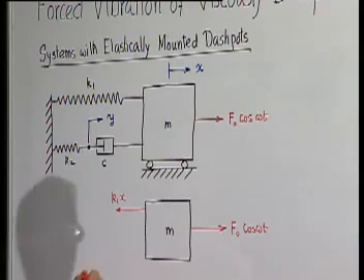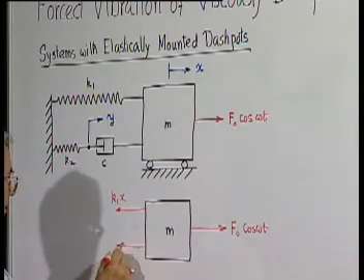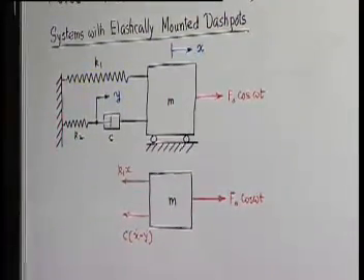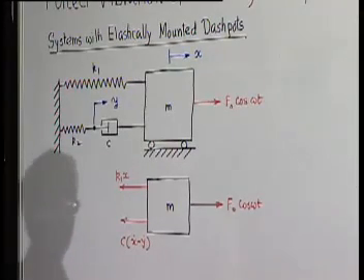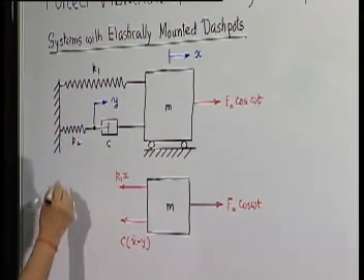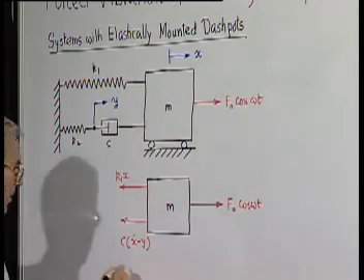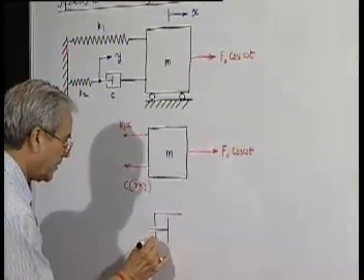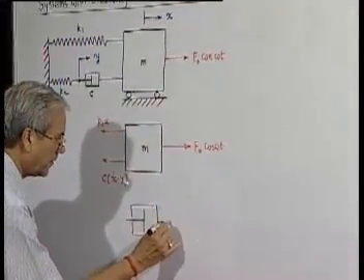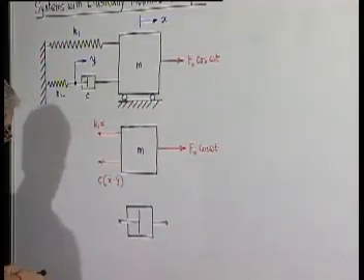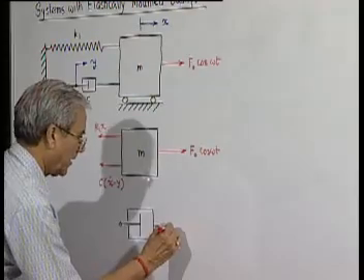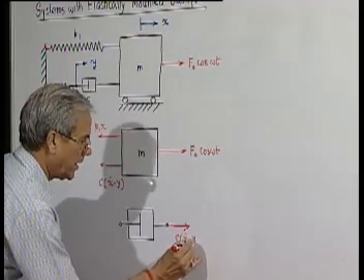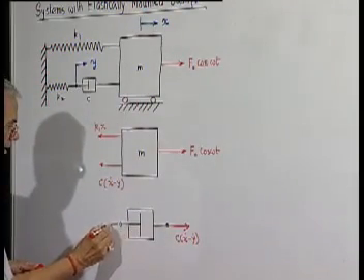So, this will be C into x dot minus y dot. And of course, the free body diagram of this dashpot, this end it is applying C into x dot minus y dot, and the other end has to be then the same.